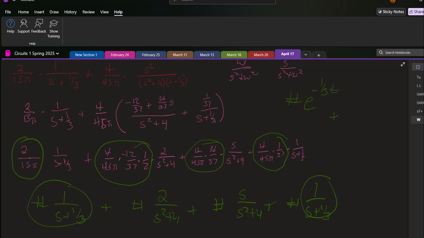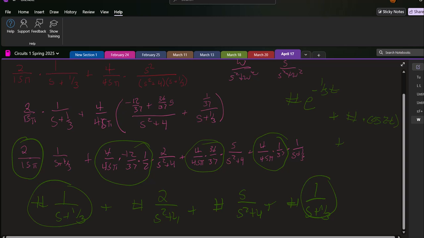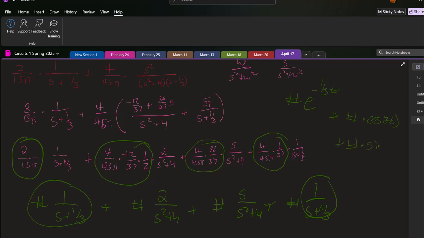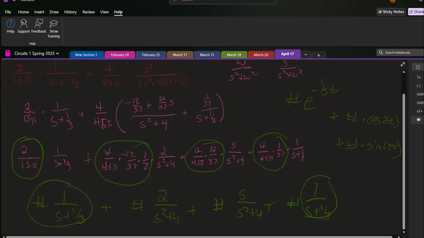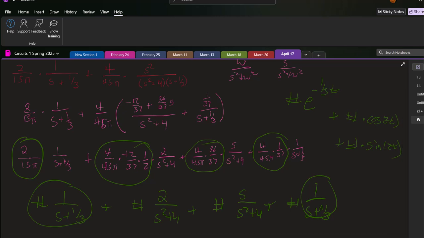Then the 2 over s squared plus 4 will be some number times sine 2t, and the s over s squared plus 4 will be some number times cosine 2t. And that's it. It's just a lot of math. To get one that doesn't have a lot of math, you have to have a very particular one.